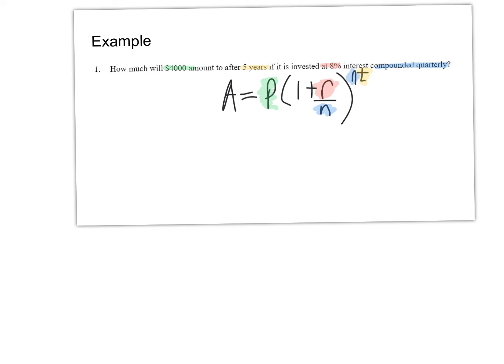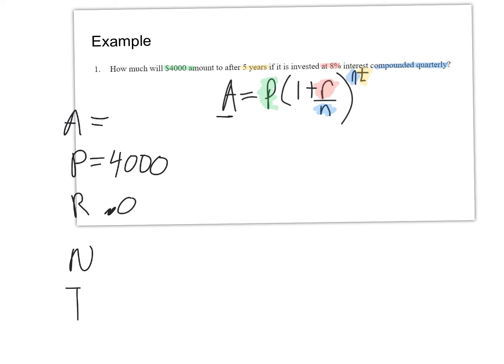Okay. So now what I usually do is I fill in our variables. So A, P, R, N, T. The ending amount, I don't know what that is. Our P, our starting amount, is 4,000. Our rate is 8%, so it goes in as 0.08. Compounded quarterly means it's going to happen 4 times in a year.